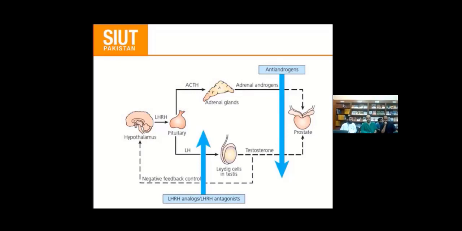The LH-RH agonist and antagonist will act on the LH, which acts on the Leydig cells, while anti-androgens will act on the adrenal androgens. We will discuss each one by one.